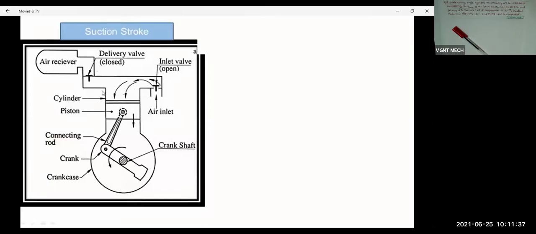Clearance volume means the volume between the cylinder head and the piston when the piston is at the top dead center. The piston topmost position is known as the TDC, piston bottom position is known as the bottom dead centers. So when the piston is in top positions and the volume between the cylinder head and the piston at the top is known as the clearance volume.